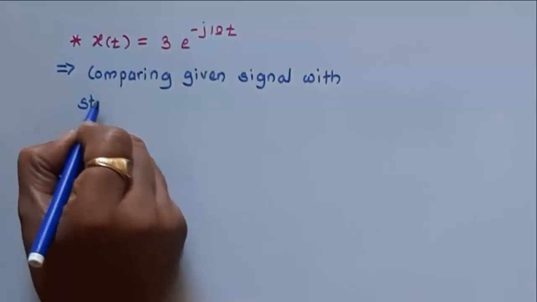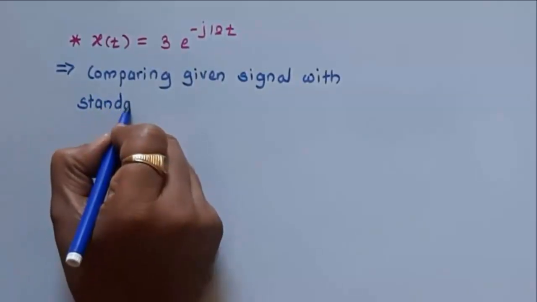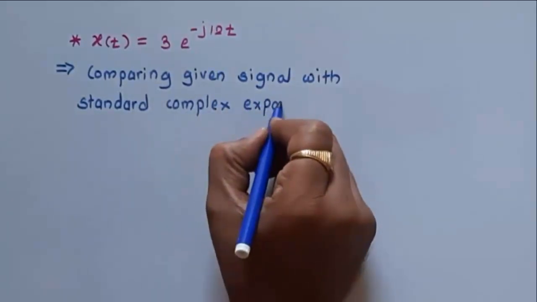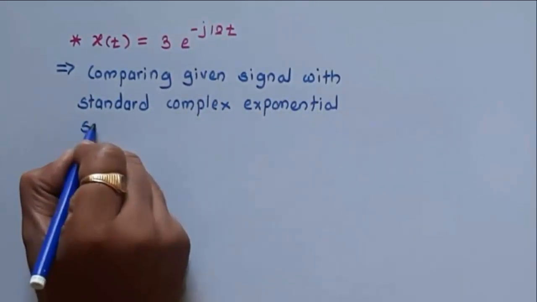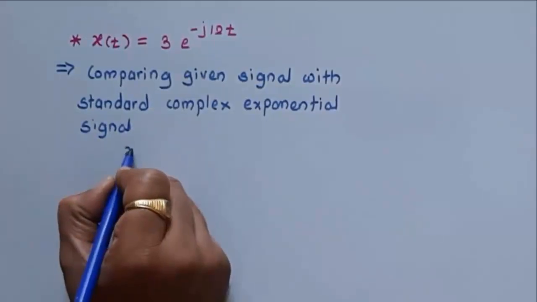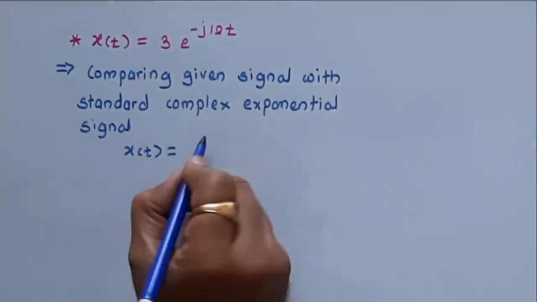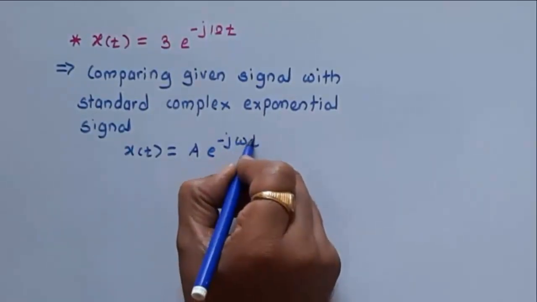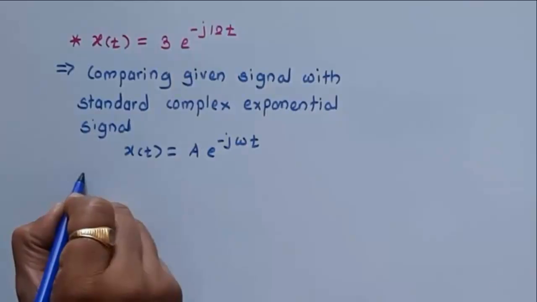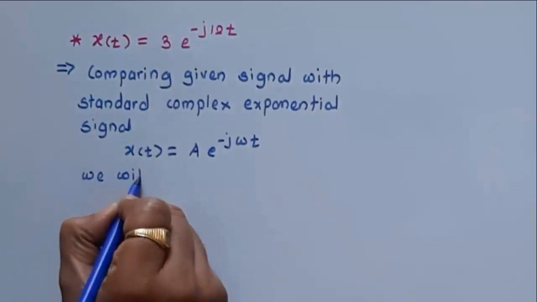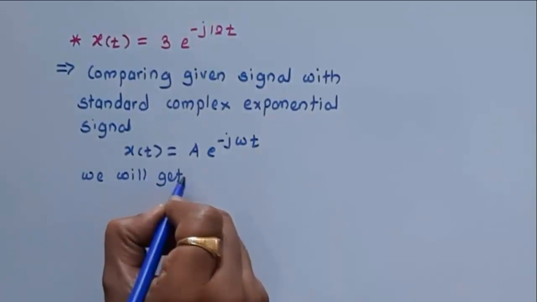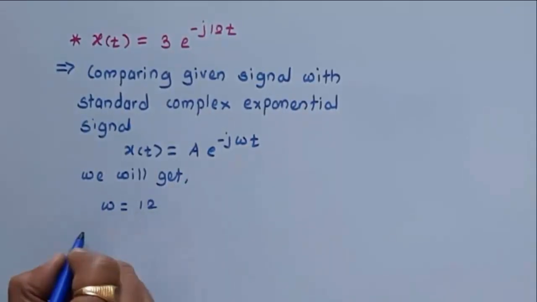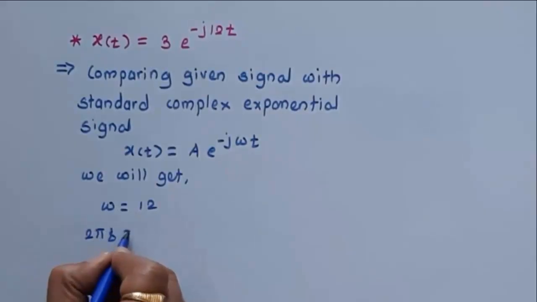If you compare this signal with the standard complex exponential signal, that is x of t is equal to a e raised to minus j omega t, comparing this standard with the given example, we'll get omega is equal to 12, that is 2 pi f is equal to 12.